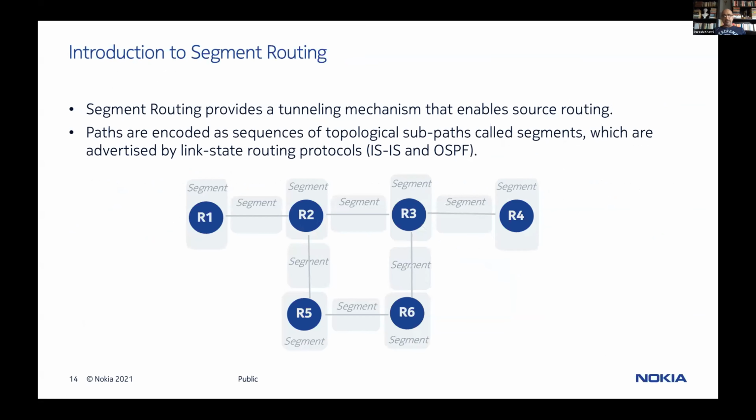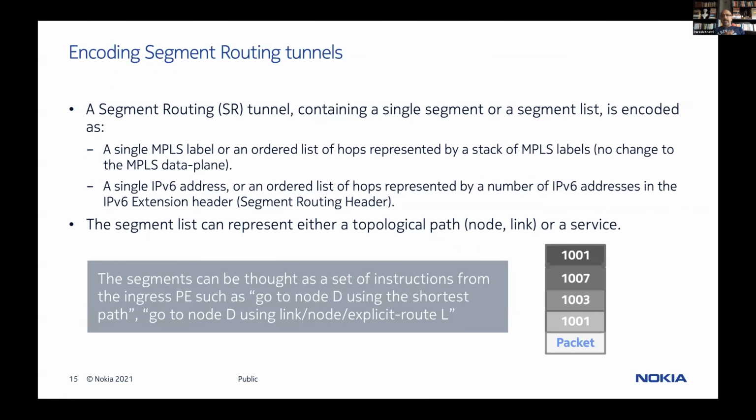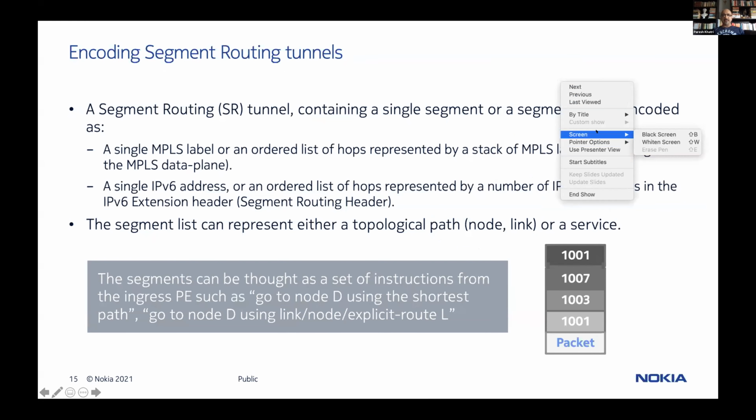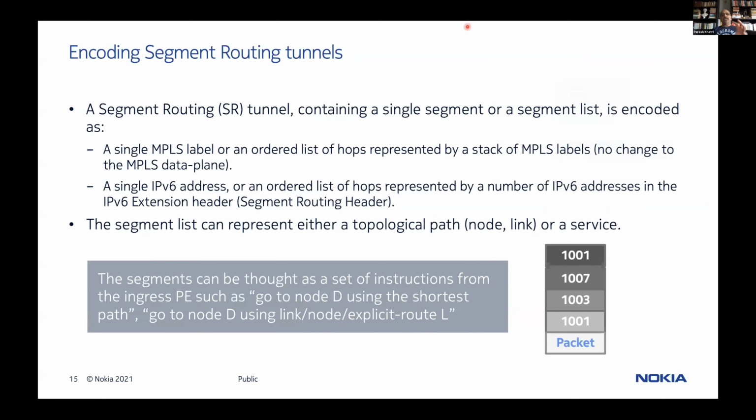Okay, right. Now, how do we actually encode these segments in the packet? So I've said a number of times actually that the routing information is in the packet itself. So what form does it take? Now think MPLS. In MPLS, what do we use to route or switch packets?